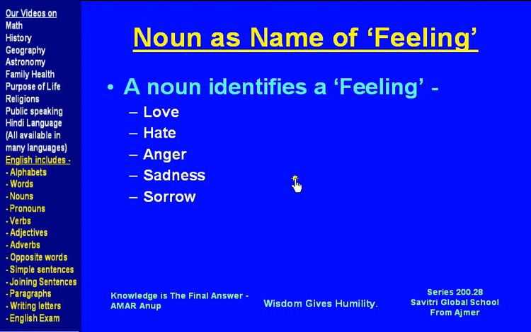So angry and young are adjectives. Angrily is an adverb, he spoke angrily. By a little change these words can become adjectives or adverbs, and once you have learned noun, adjective and adverbs, you will be very confident in a major part of your sentences in English. However, all the feelings are also nouns.